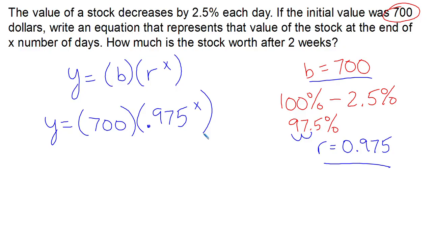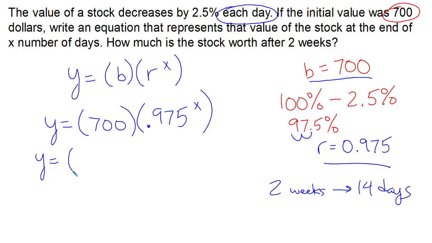We want to know how much this is worth after 2 weeks. Well, if it's decreasing by this amount each day, 2 weeks should be 14 days, because there are 7 days in the week. So we're going to replace our x with 14.